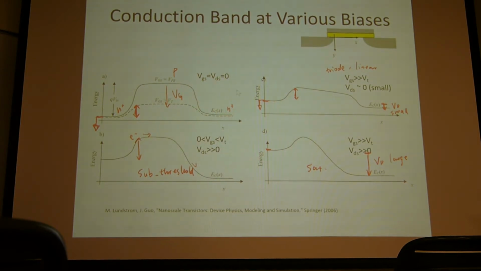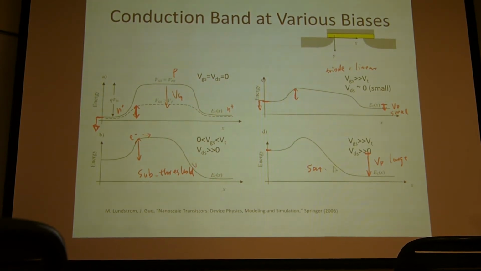First of all, here, this barrier towards this side is determined by the gate voltage. You see here, right? It's determined by the gate voltage. And then this slope is determined by the drain voltage. But this initial barrier mostly is controlled by the gate voltage.